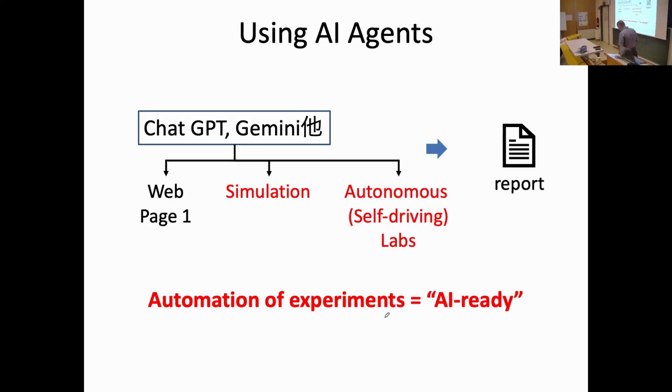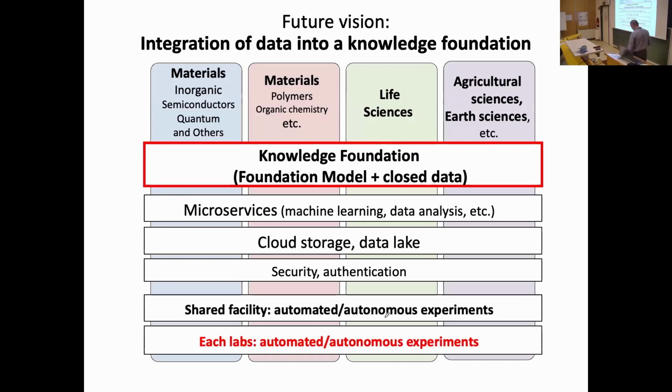So making research labs automatic and autonomous means that AI can use the lab. This is a large change. It's like making the instruments AI ready. This is the direction. And also the data is going to be collected and then shared.